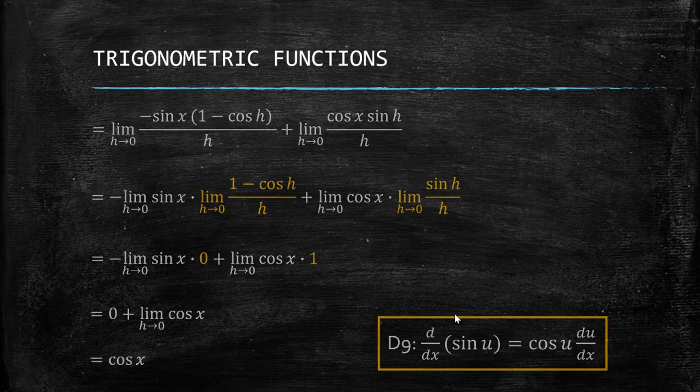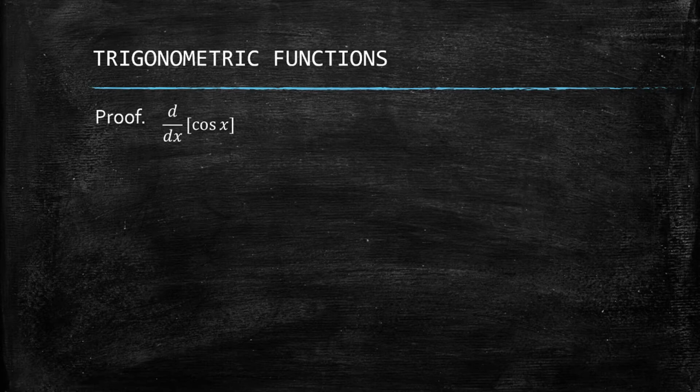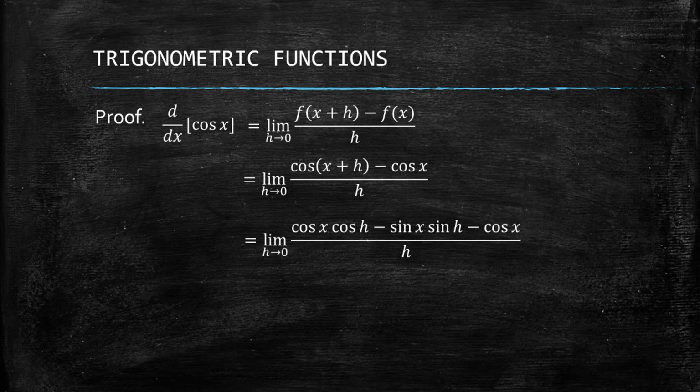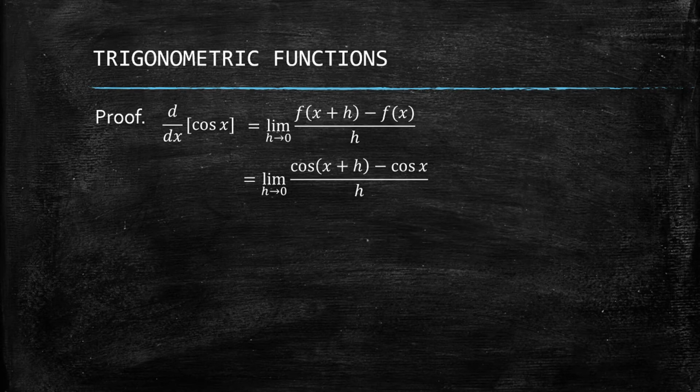Let's proceed to the derivative of cosine. Actually, it's similar in process. We'll use the limit definition again. We know this part, but here we have now cosine.